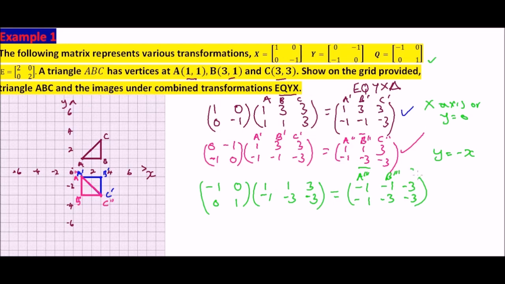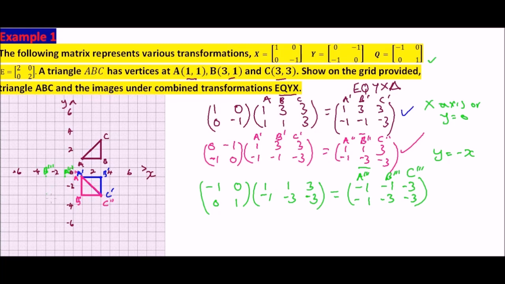Our A is at -1, 1. This is where we have -1, 1. So that is where we have our A. 1, -1, 3 is at this point. So this is our B, and this is triple prime, and our C is at -3, -3.